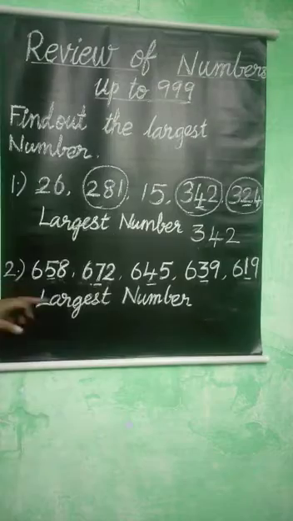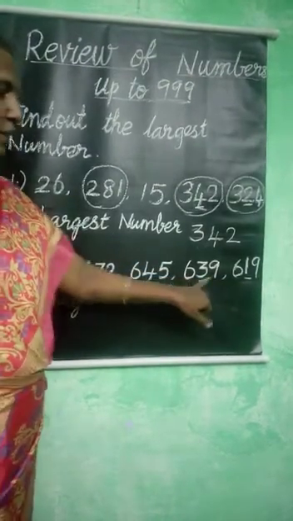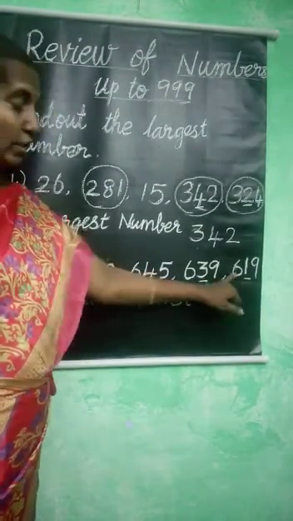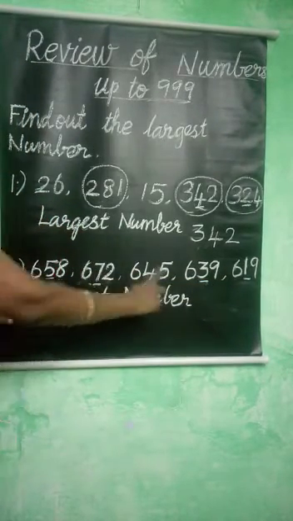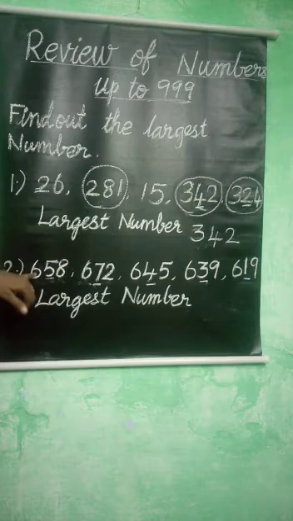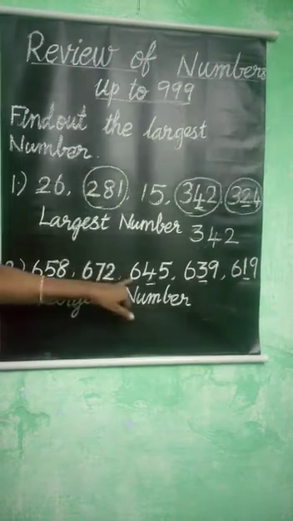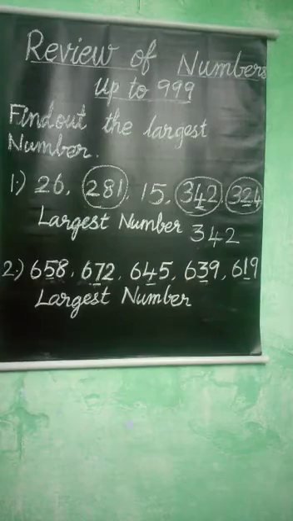Look at the next 2 numbers also. 639 and 619: in both numbers, 6 is present. So, in all the numbers, the 100 place is equal.